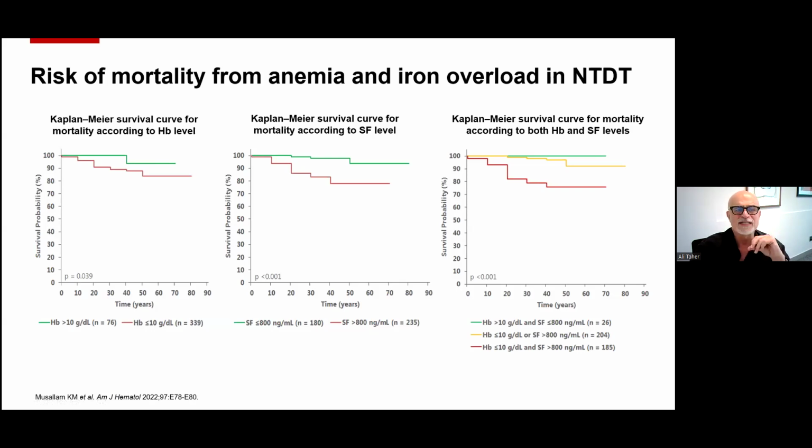So if the hemoglobin is above 10, survival is better. If serum ferritin is less than 800, survival is better. If you combine both components, meaning the hemoglobin is less than 10 and the serum ferritin is above 800, you will get by far worse survival in this group of patients.